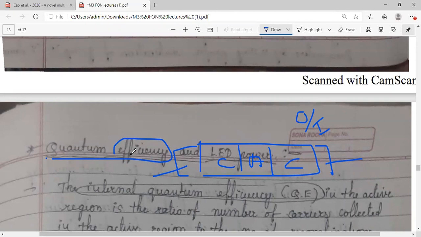One is the internal quantum efficiency, in the sense, how efficient your LED is internally. Let me take the brief, then I'll tell you. First is internal, the second one is external. There are two quantum efficiencies we'll be discussing.